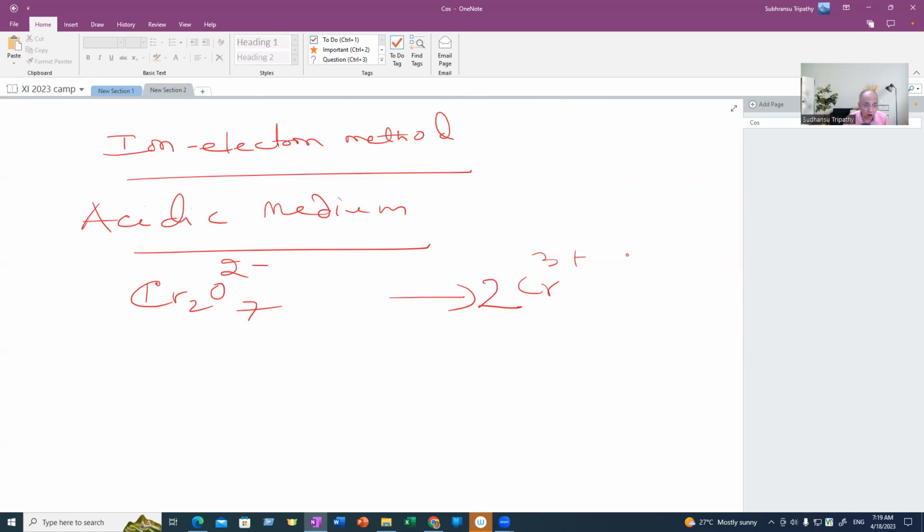So the first job is to equalize the element which is not oxygen, not hydrogen. This is the first step.